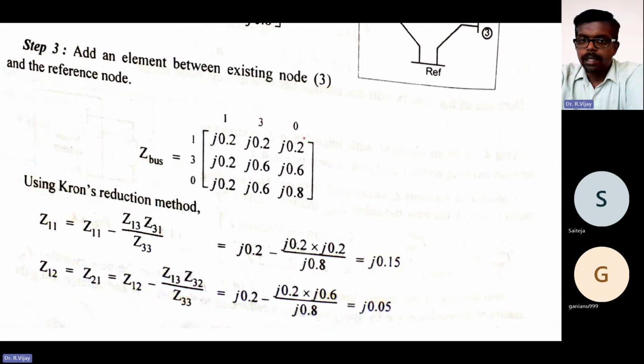I'm using different colors so that you can understand. Now this particular matrix you need to take out. Say for example, J into 0.2. Here also J into 0.6, J into 0.6. Okay, so this we take.